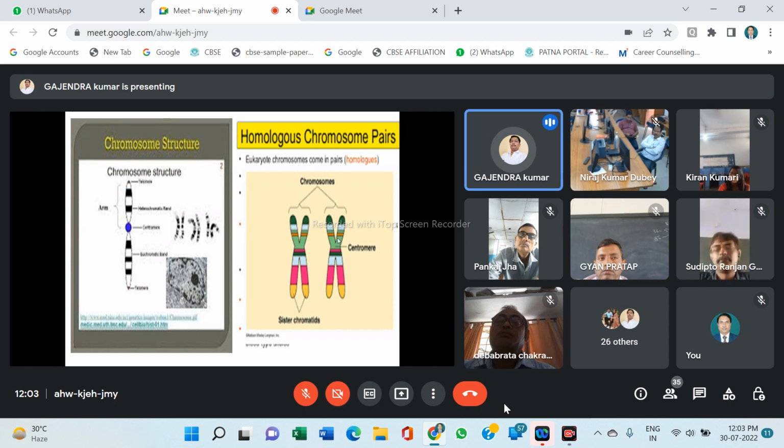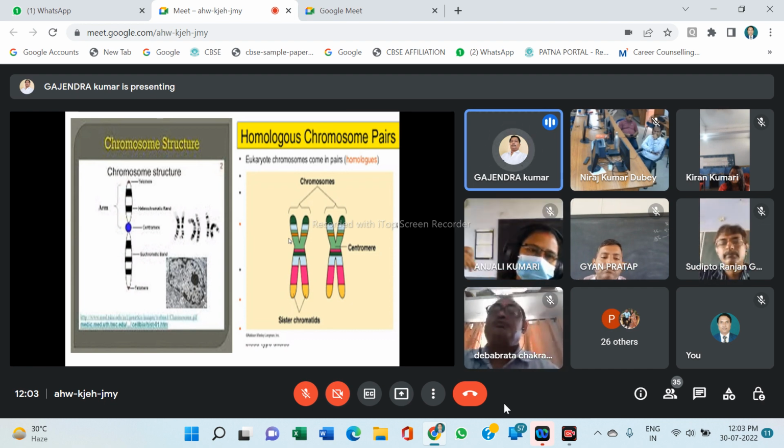Cells unite together to form tissue, tissues unite together to form organ, organs unite together to form system, and systems unite together to form the whole body. The cell which undergoes division is the mother cell or parent cell, and the formed cells are daughter cells.